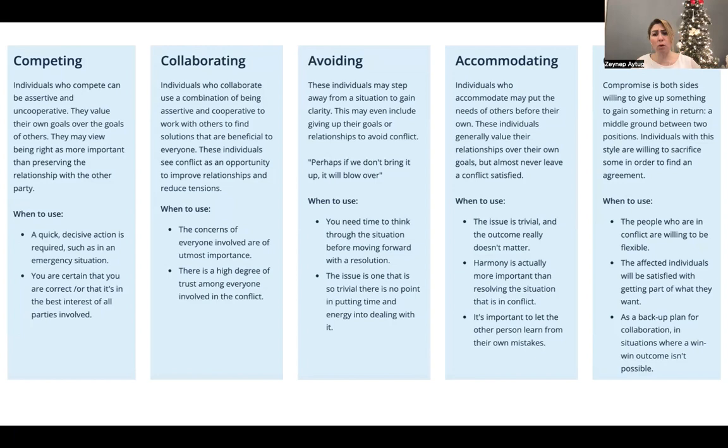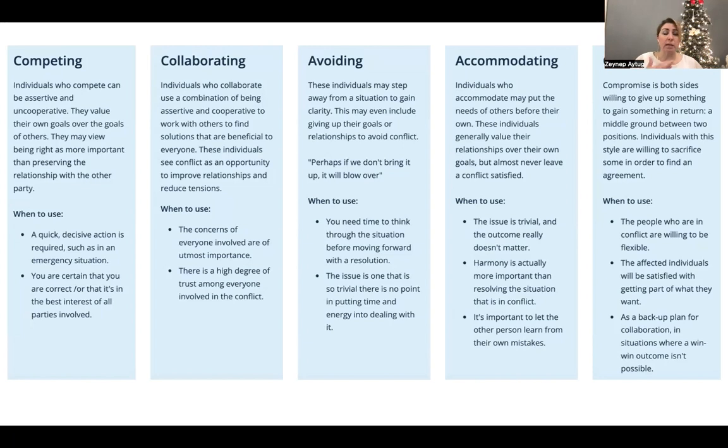When do you want to compromise? If the affected individual will be satisfied with whatever they're getting, they are not really very ambitious or assertive. They're not really out there to get a great price or a great deal out of this. And they're like, yeah, let's meet in the middle. We don't really mind.